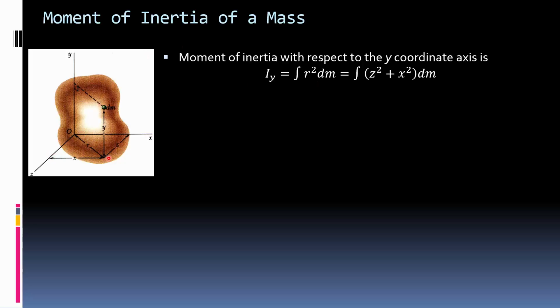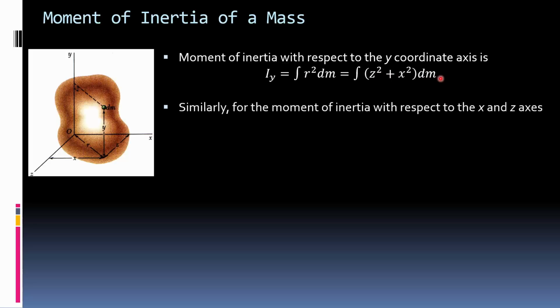R squared is x squared plus z squared. Remember, we're talking about from this y-axis. It's going to be different for different axes. So Iy is the integral of r squared dm, which is z squared plus x squared. Now, if you start considering the other axes, it's going to be the same deal. With respect to the x-axis, what is your r? It's going to be y squared plus z squared, and for the z-axis it's x squared plus y squared.